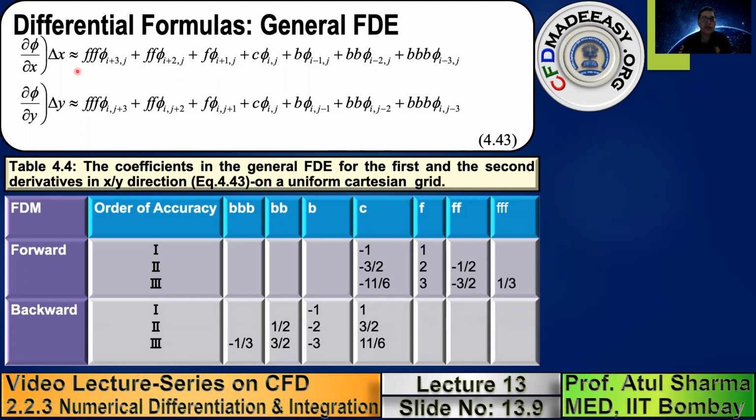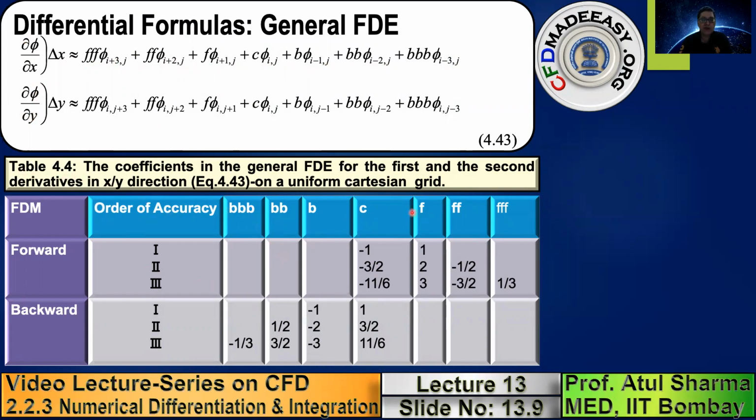So this is a general expression which I am showing you. The corresponding coefficients are triple F, double F, F, C, V, double V, and B. These coefficients are shown in this table, which corresponds to table 4.4 of the companion book.